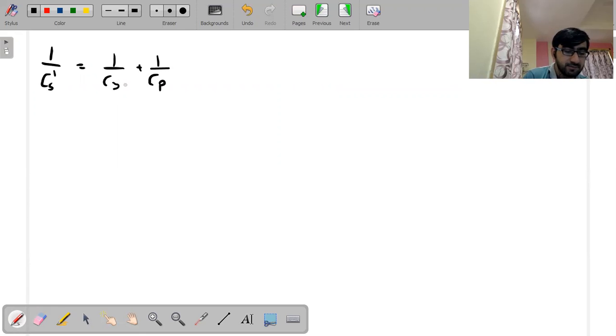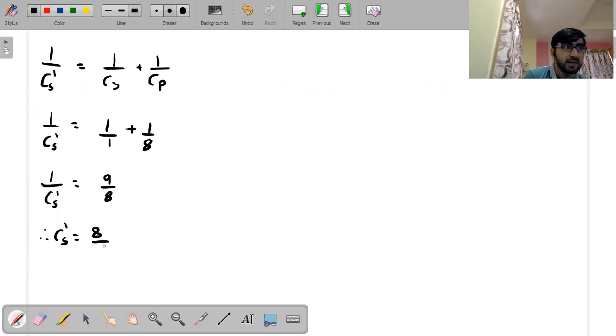Then according to the diagram, C3 is just 1, and 1 upon CP, CP we have found out to be 8. So therefore 1 by CS dash is equal to 9 by 8, and therefore CS dash is equal to 8 by 9 microfarad.